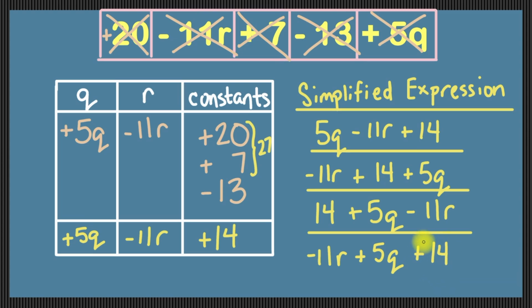And that would still work because, again, it still contains the same exact terms as all of our other expressions. The terms are negative 11r, positive 5q, and positive 14. It doesn't matter the order. Any of these answers is technically acceptable because they all contain the same exact terms, which makes them all equivalent simplified expressions.